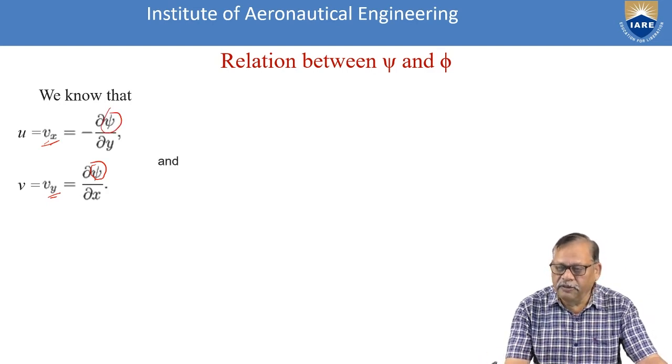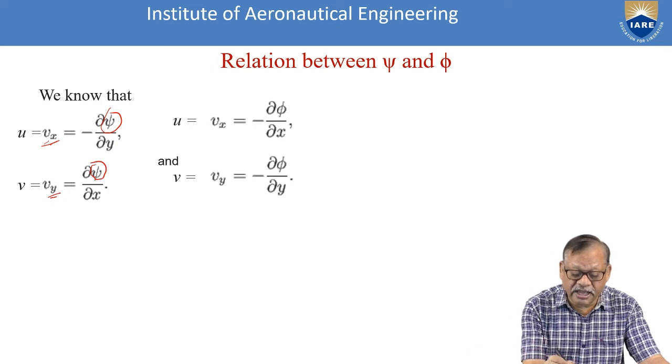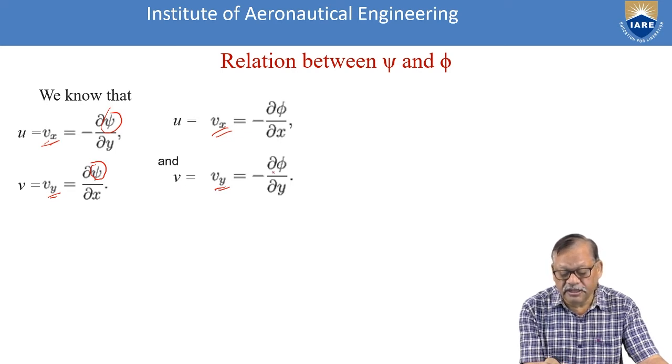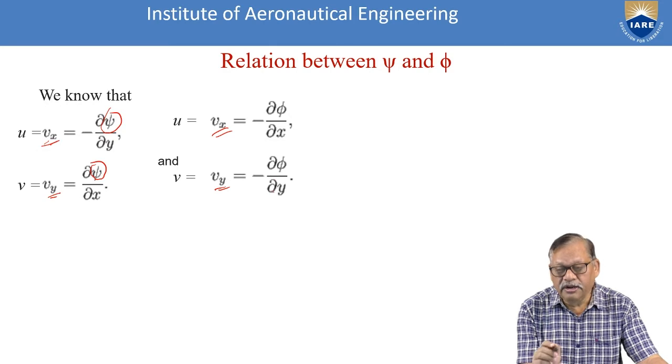In the same way, if we look at it in terms of the phi value, how do the u and v values come? In the x direction and y direction, that is minus of dou phi by dou x, and the v value in the y direction is dou phi by dou y.